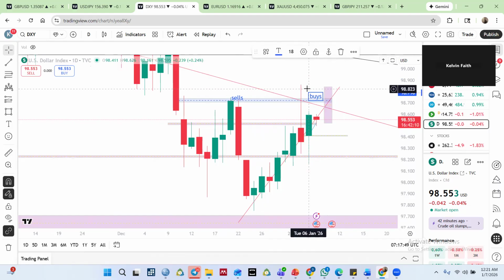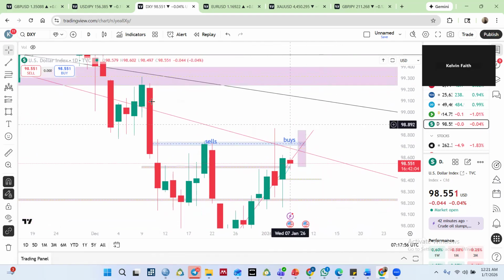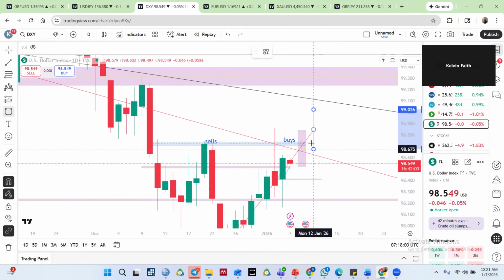It means buyers want to be in charge from this point above. So I'll wait for the market to retest this same zone or area for more power and energy, and then look to buy, or look to see price going up at least to the next zone, which is somewhere in this area.